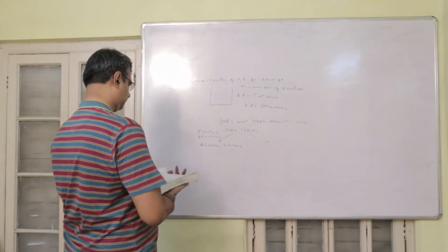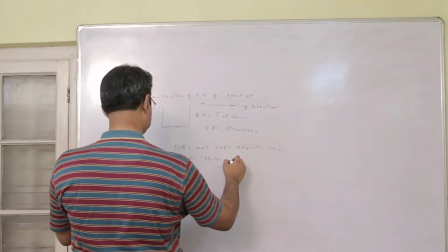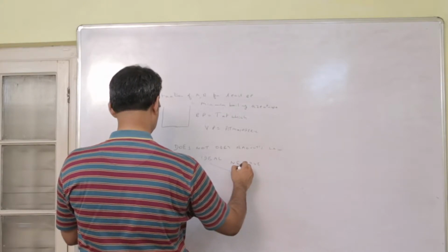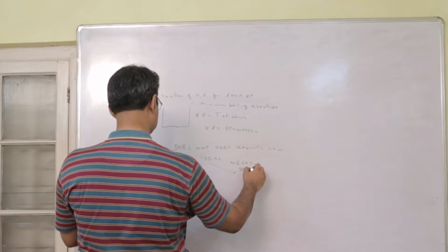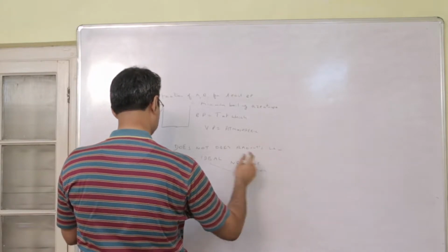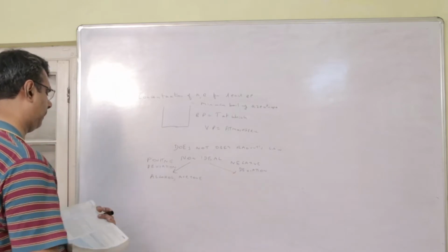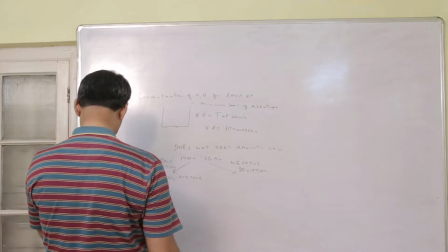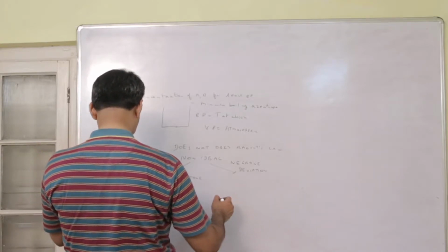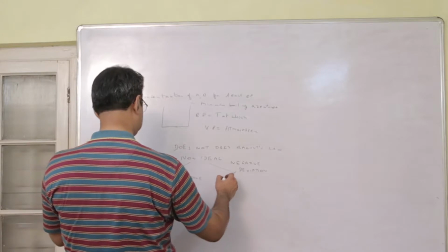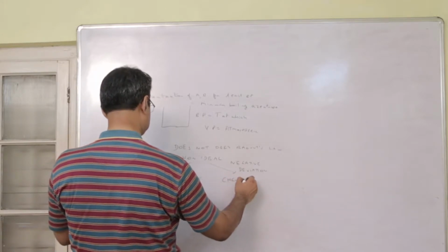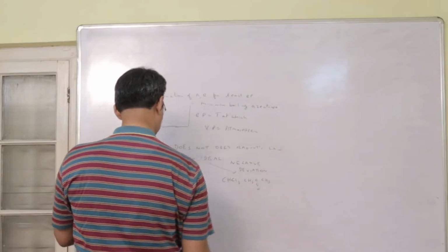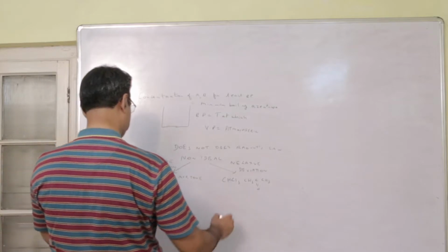Next we come to negative deviation from Raoult's law. Suppose you have a mixture of acetone and chloroform.